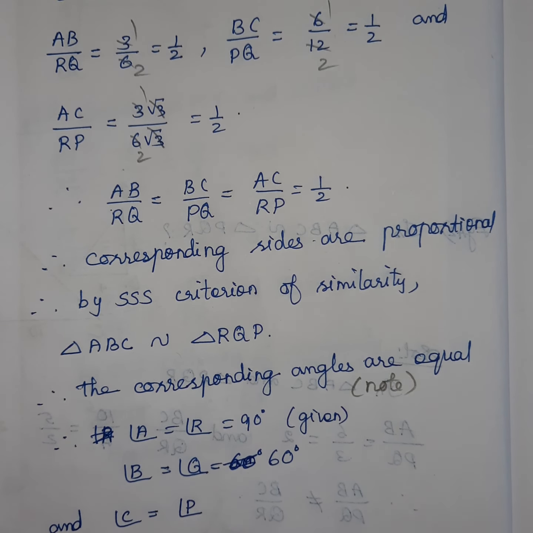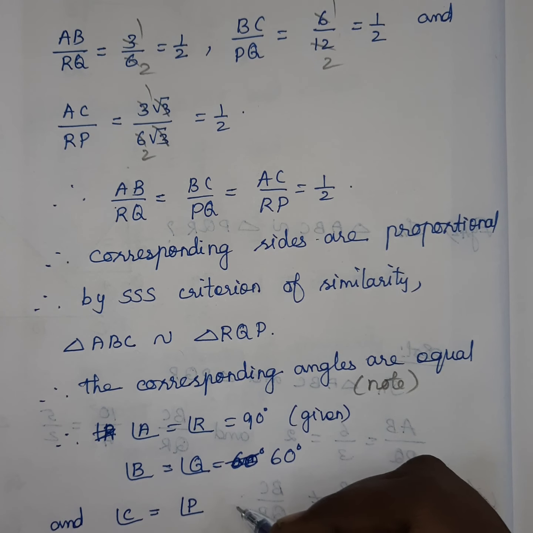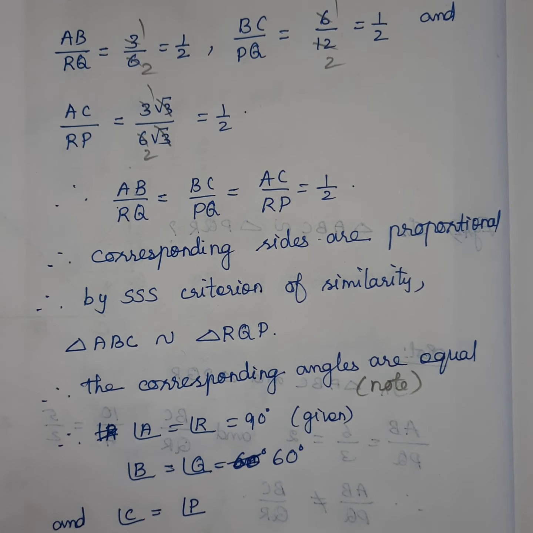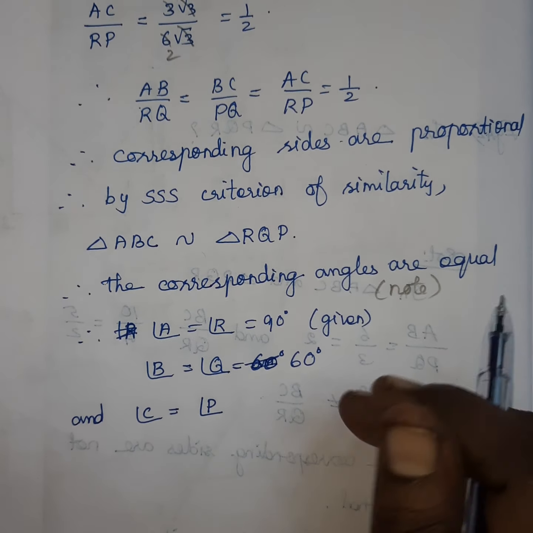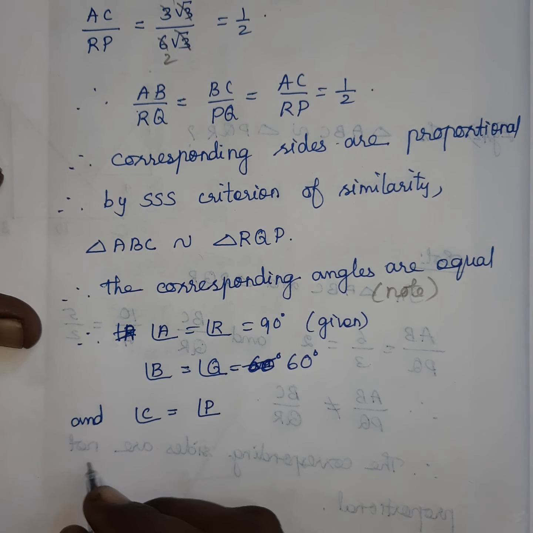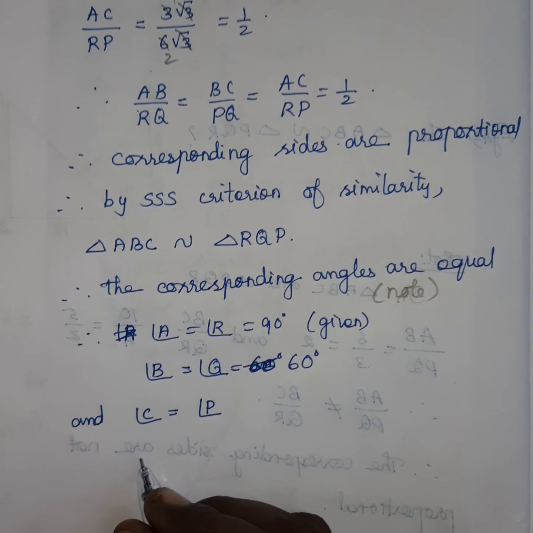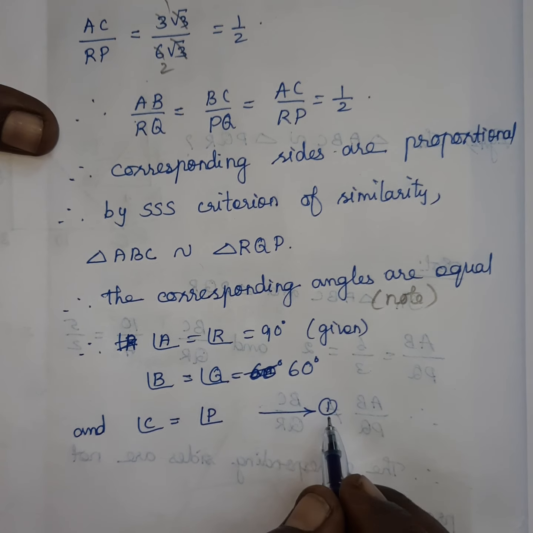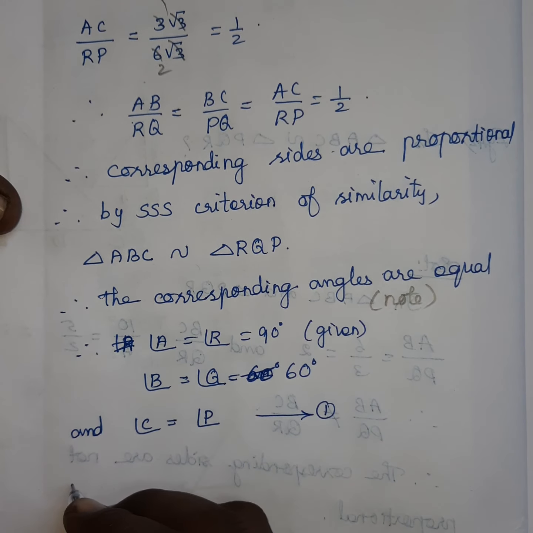So how to find out the third angle? Two angles you know. Sum of three angles of a triangle is 180 degree. So using that you can find out the third angle. For finding the angle P, consider this is equation number 1.